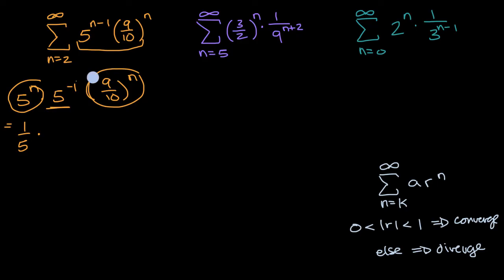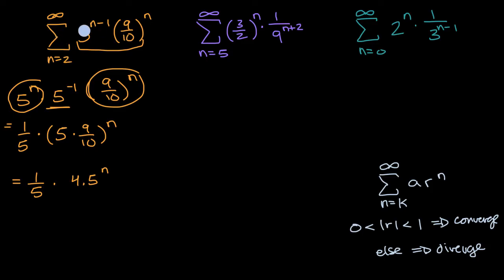Well, I have the same exponent, so I can rewrite that, just switching the order, as 5 times 9/10 to the nth power. So this is equal to 1/5 times, well, 5 times 9 is 45, divided by 10 is 4.5. So times 4.5 to the nth power.